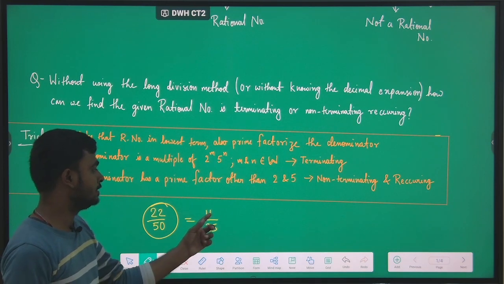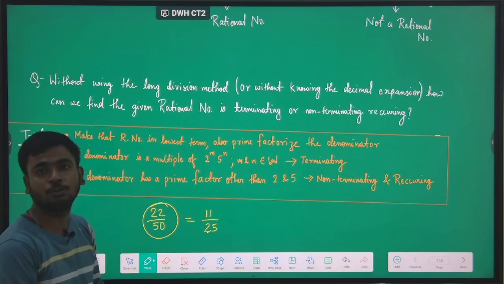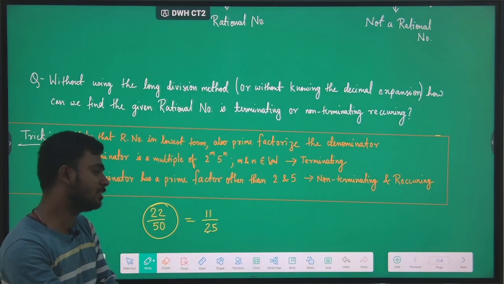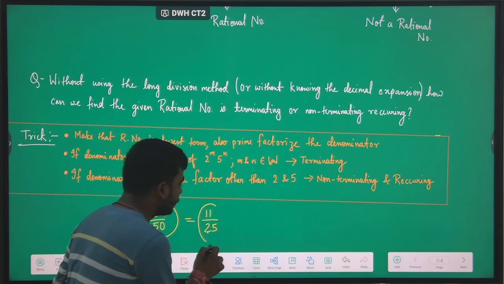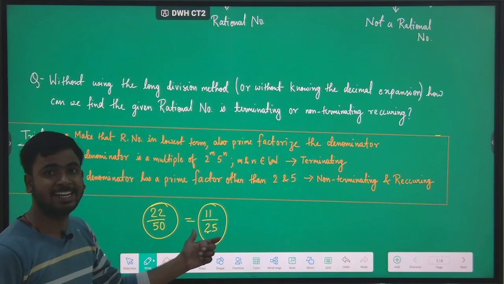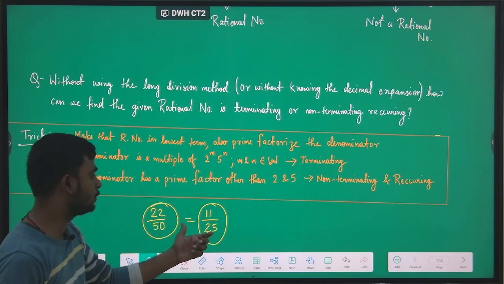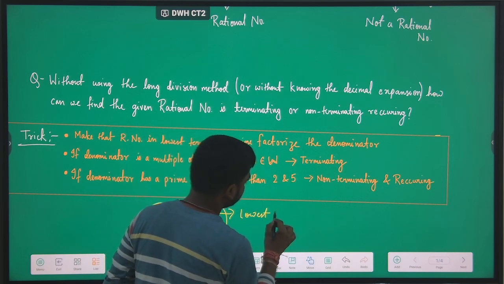Now p and q belong to the set of integers, q is not equal to 0, and p and q have only one common factor, that is 1. So the basic conditions of a rational number are followed, and that is why this is the lowest term.